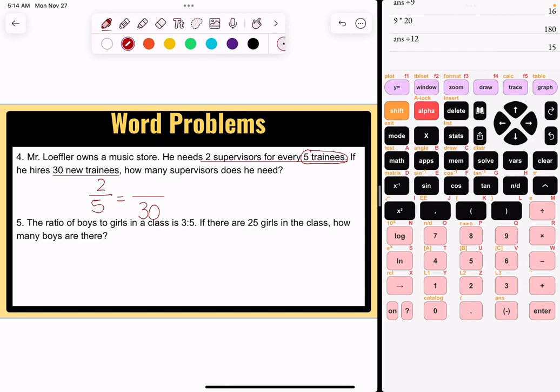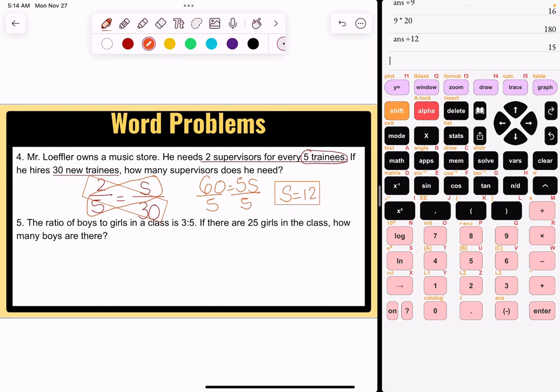Supervisors are unknown, so I could put S on top for supervisors. All right, now 2 times 30 is 60, and 5 times S is 5S. Divide both sides by 5, S equals 12. Meaning that for 30 new trainees, he would need 12 supervisors.